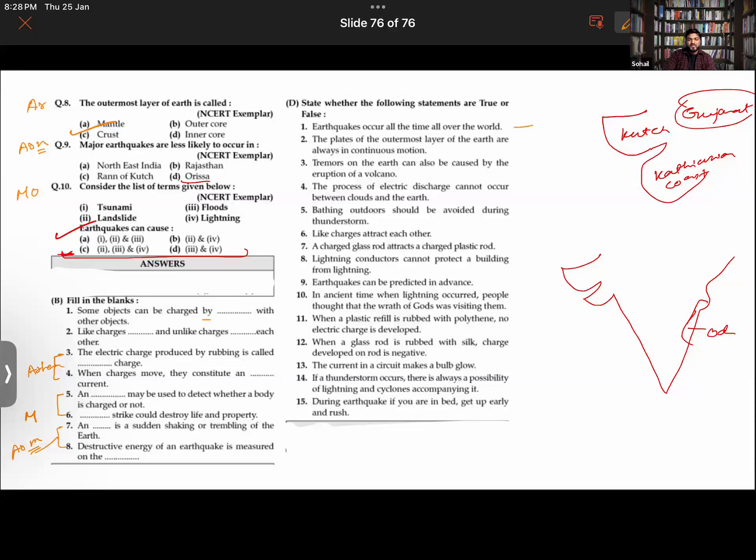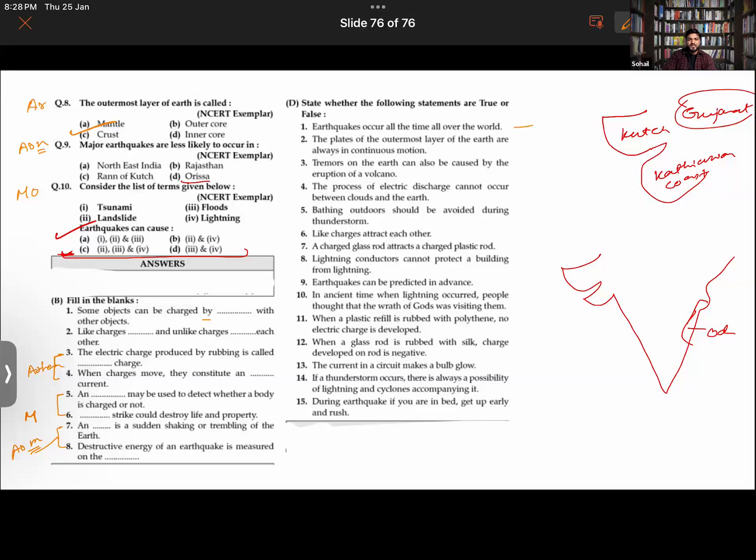Arhan, question number 4: the process of electric discharge cannot occur between clouds and the earth. Is that true or false? False. It actually occurs. That's how we get to see lightning. Lightning was also of two types. Do you remember? One that occurs inside the cloud, and one that occurs between the cloud and the earth.